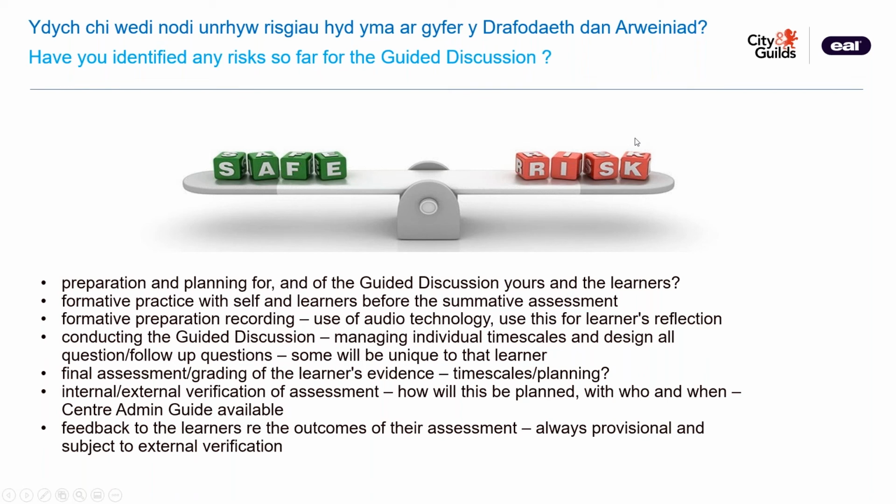Yeah, the foundation, the progression, and the level 3 are all separate qualifications. They do have interaction between them, though. Has that helped, Martin? On the Qualifications Wales website, the links between the quals are identified there.